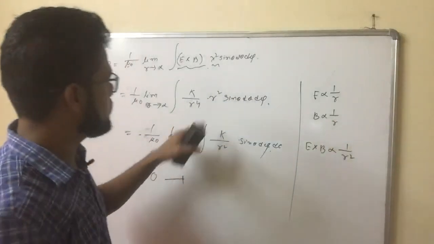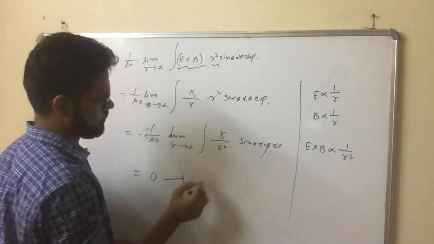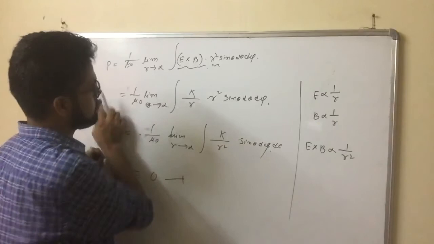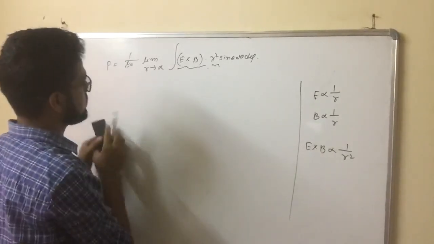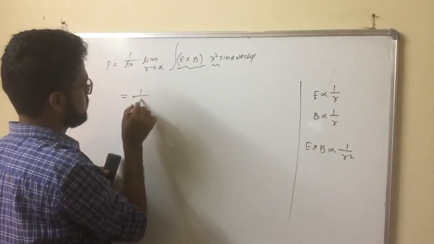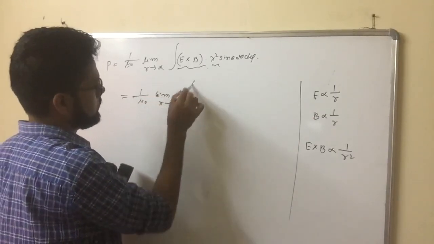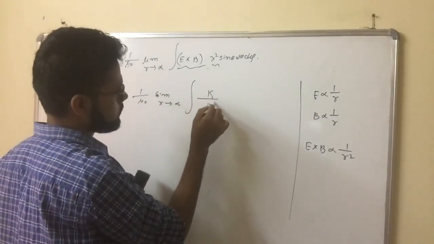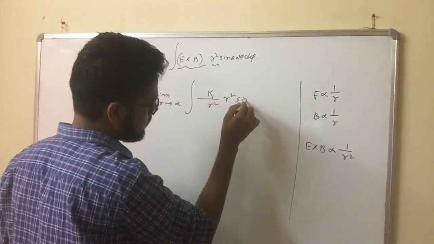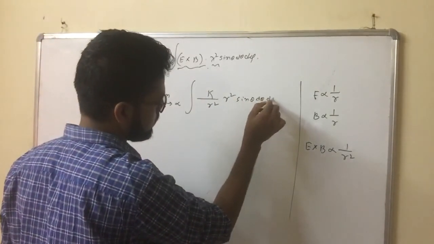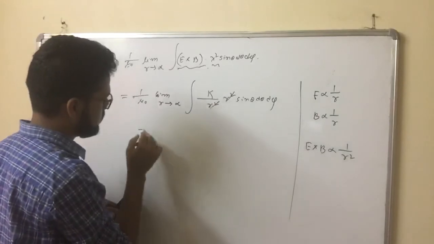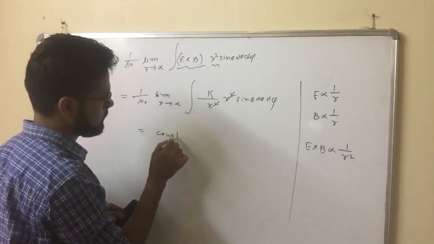Then in this case, 1 by mu naught, limit r tends to infinity, k by r square, and r square sin theta d theta d phi, the r square cancels, so it is a constant.